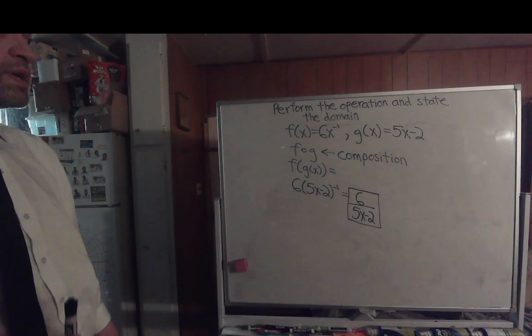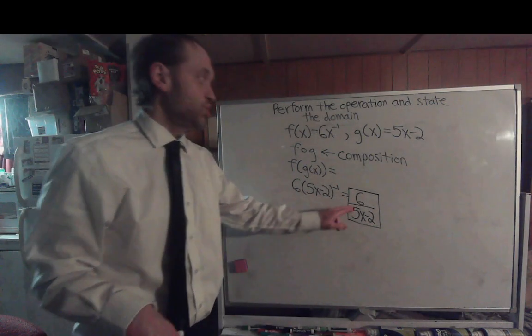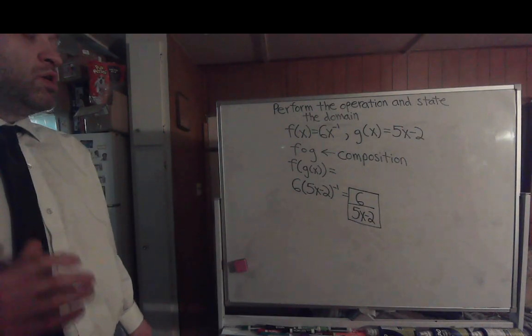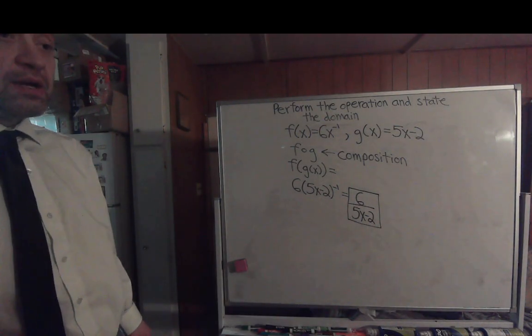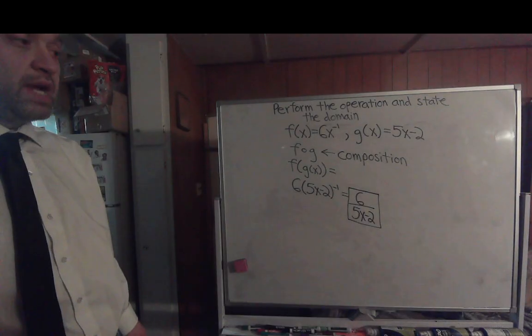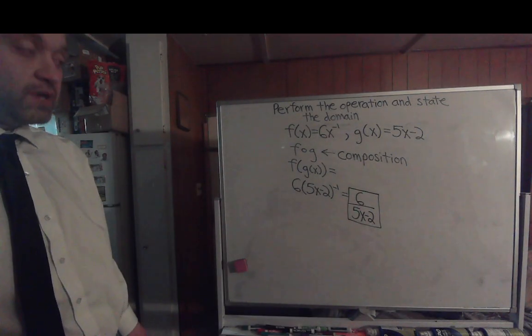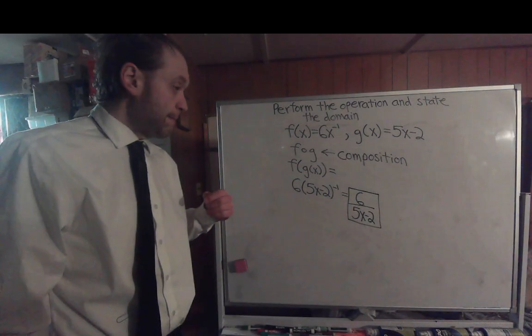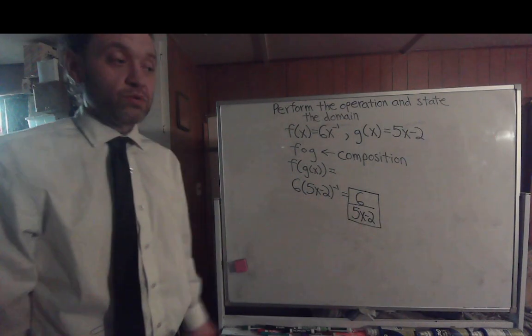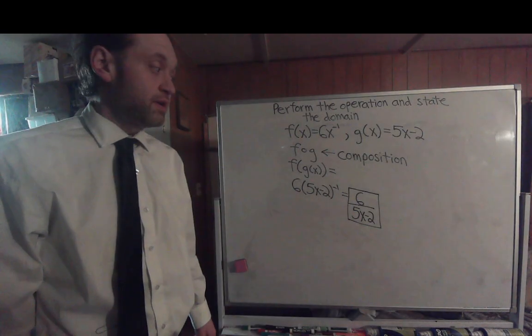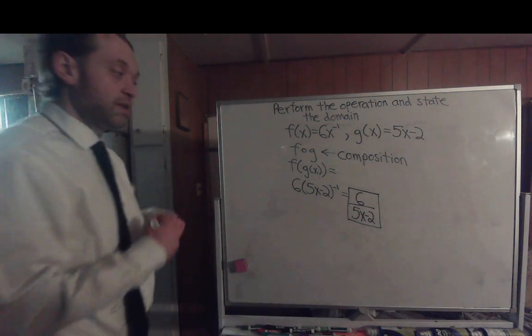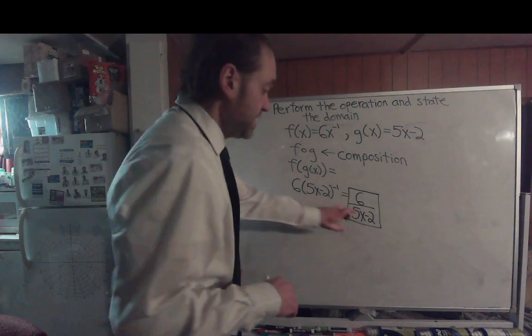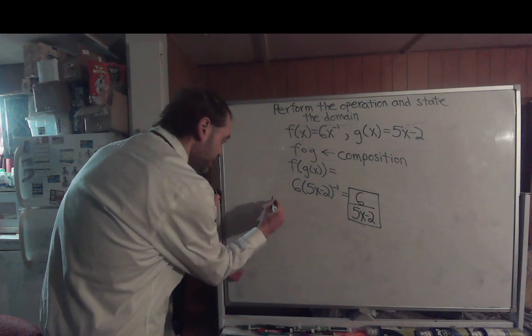Now, what is the domain of this composition? We have to figure out any numbers that would make this function undefined. And if you have a denominator equal to 0, that's going to make the function undefined, right? So what you can do is take your denominator itself, set that equal to 0.